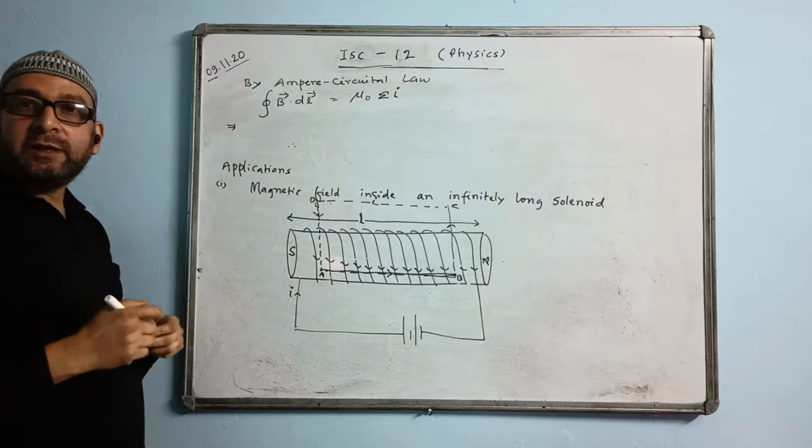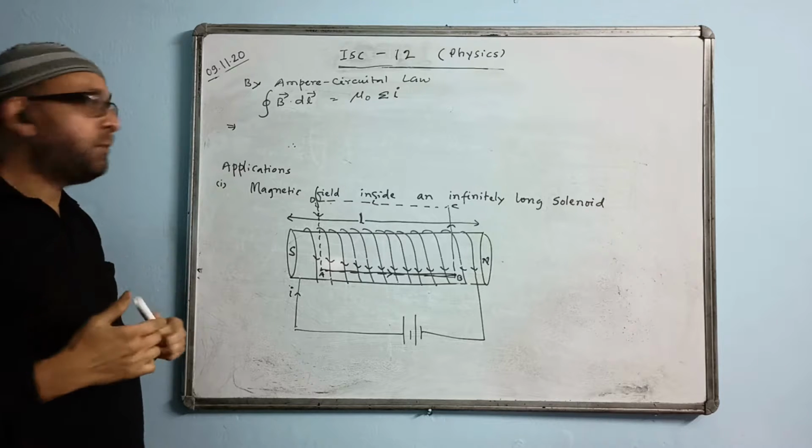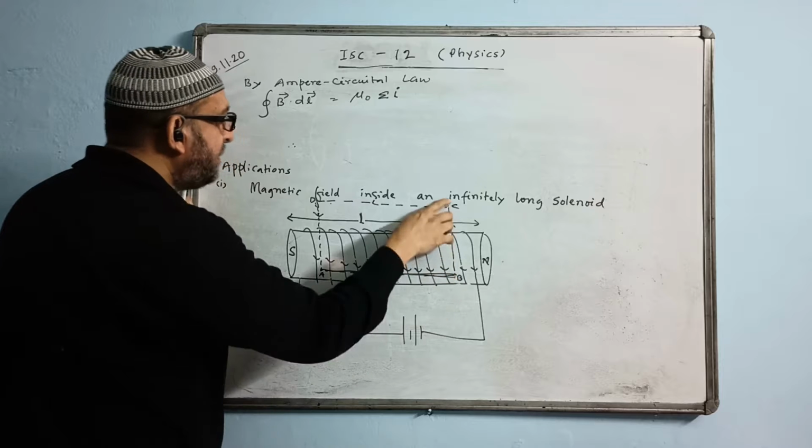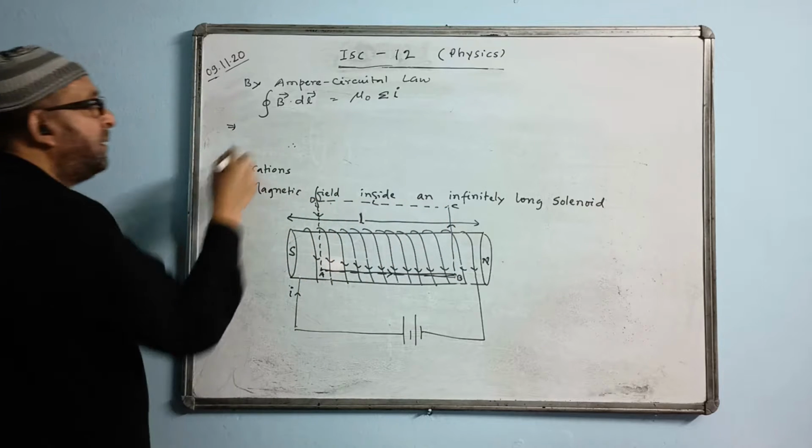Line integral means for each line separately you have to do it and add them up. How many lines are there? 4 lines: AB, BC, CD and DA.